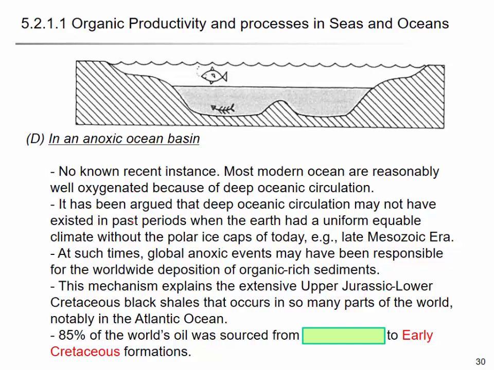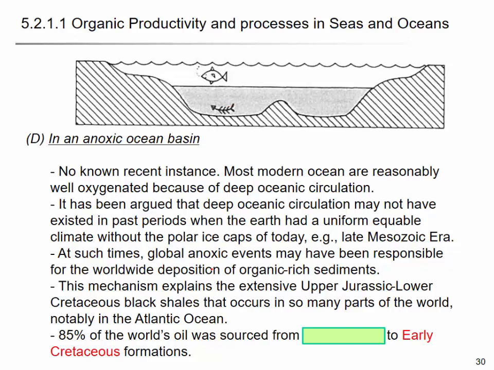But deep ocean circulation may not have existed in the past, in periods when Earth had a uniform, equable climate without the polar ice caps of today. So in the old days, if you go back, there was no water circulation, so the deep ocean basin was in anoxic condition.